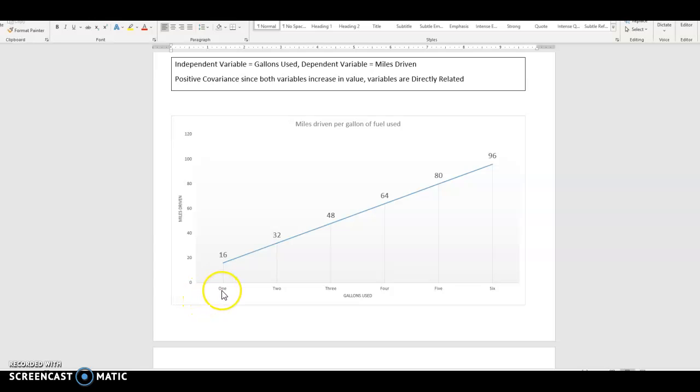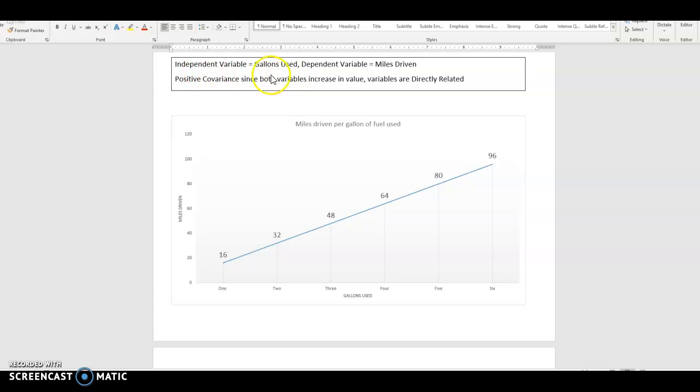So if I have 1 gallon of gas, I can drive 16. If I have 2 gallons of gas, I can drive 32. 3 is 48, 4 is 64, 5 is 80, and 6 is 96. This is a straight line, so my miles per gallon is going to be a linear equation, going up at 16 miles for every gallon.